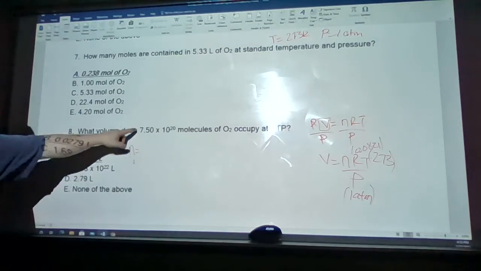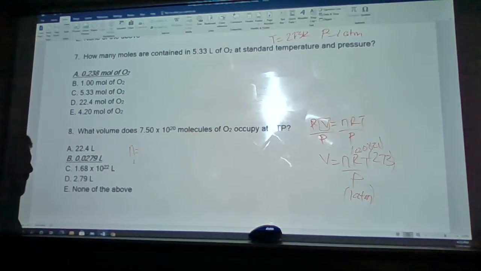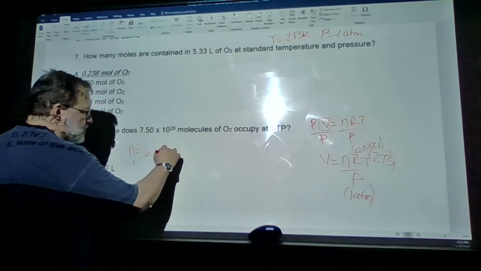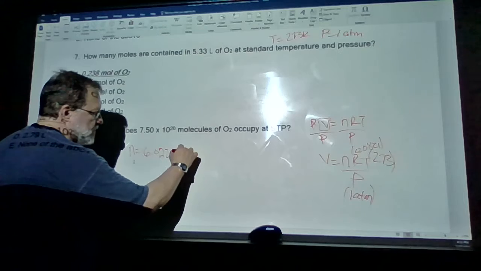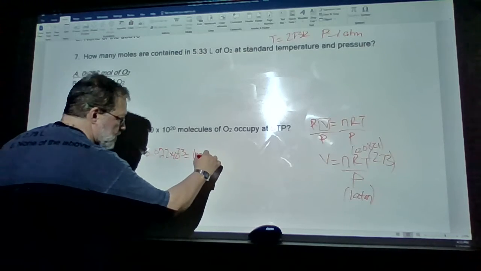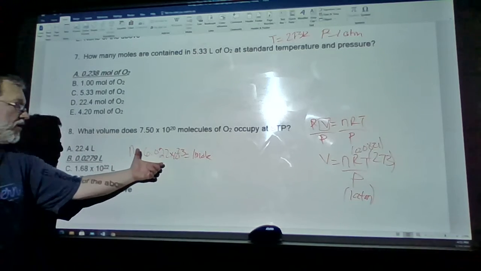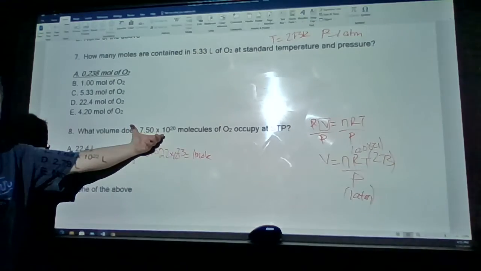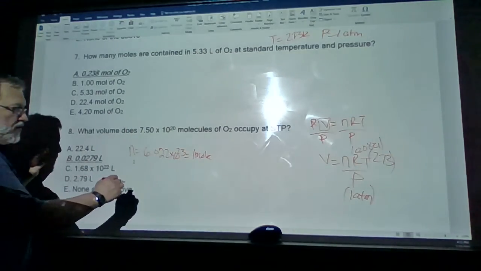Avogadro said 1 mole of any compound is 6.022 times 10 to the 23rd molecules. Well, do we have 6.022 times 10 to the 23rd? No, we've got 7.50 times 10 to the 20th molecules.